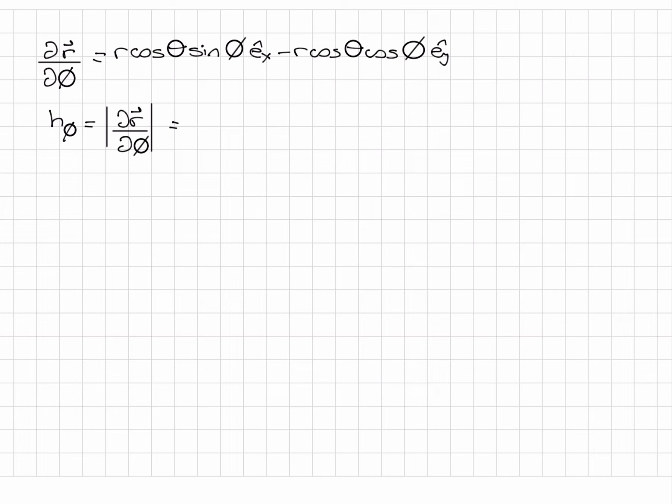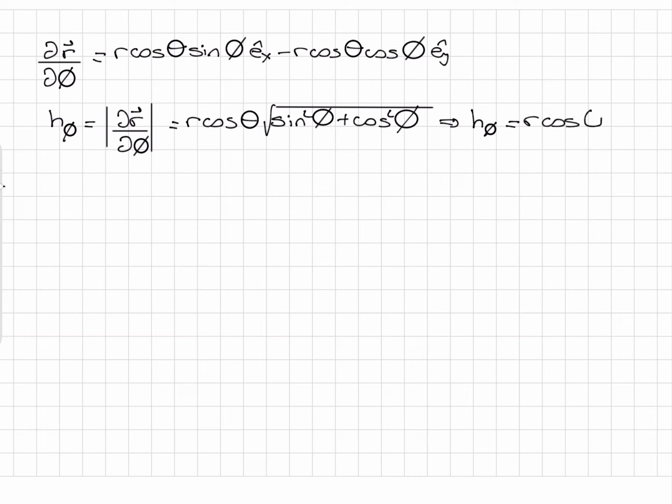So it's r cosine theta, parentheses, sine square phi plus cosine square phi, square root, and sine square plus cosine square is again equal to 1. So this gives me the scale factor h sub phi to be r cosine theta.